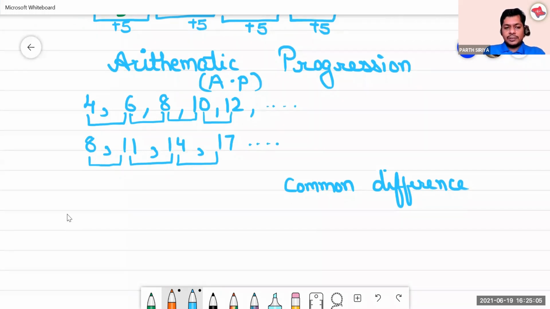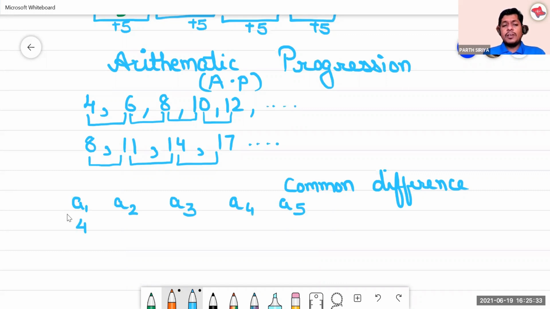In an AP, the first term is always known as A1. The next term is known as A2. The next term is known as A3, A4. We give them numbering. A1 is the first term, A2 is the second, A3 third, A4 fourth term, A5 fifth term.